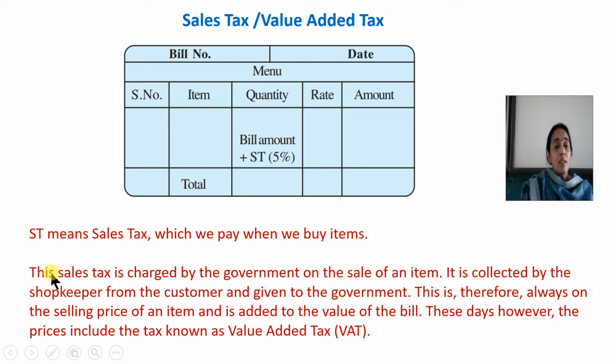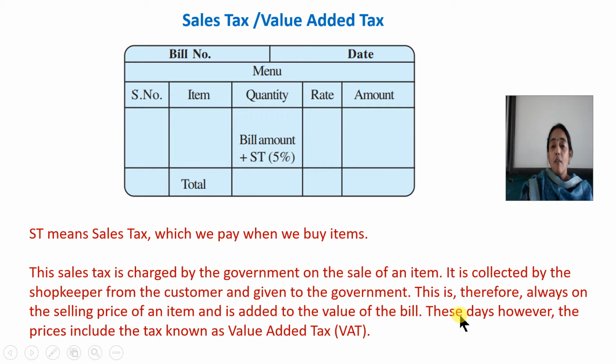This sales tax is charged by the government on the sale of an item. It is collected by the shopkeeper from the customer and given to the government. This is therefore always on the selling price of an item and is added to the value of the bill.